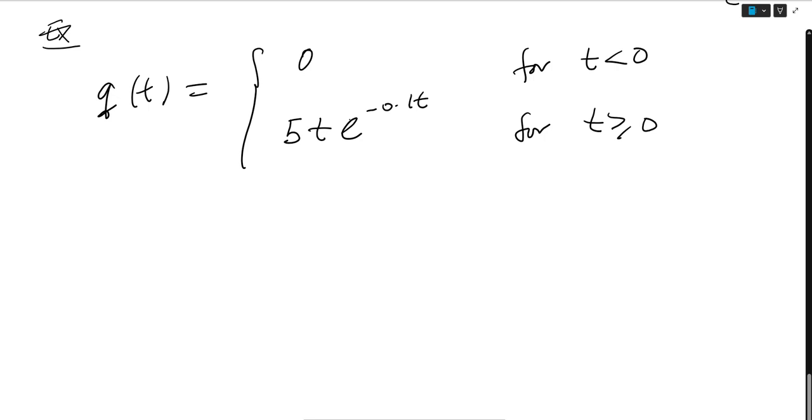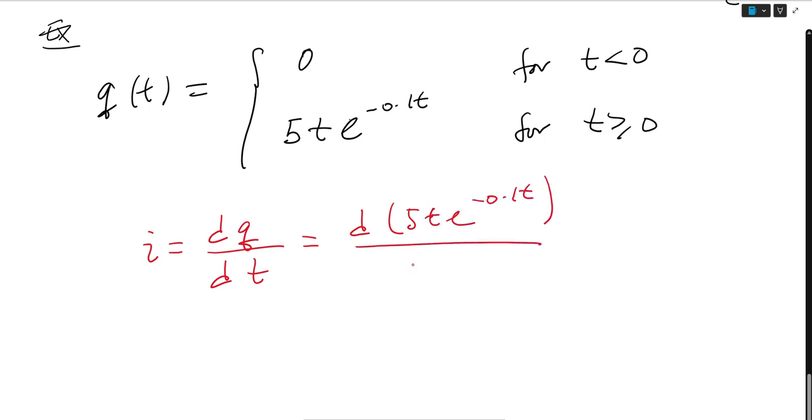Again, we use our fundamental equation. I is equal to the change in q over the change in t, which is d of 5 times t e to the negative 0.1 t over dt, which we get 5e to the negative 0.1 t minus 0.5 t e to the negative 0.1 t.